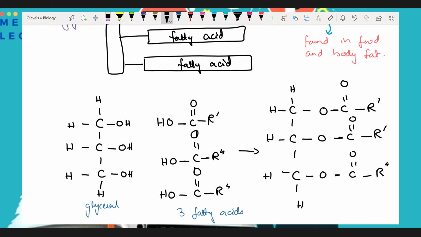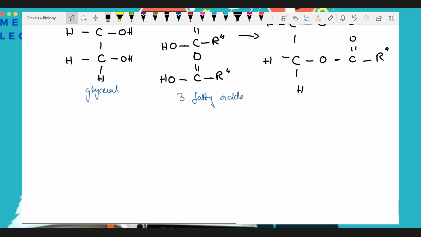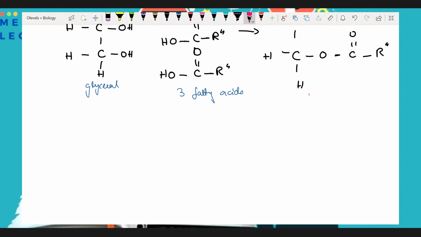This is how they are connected in a chain. Now, this is called a triglyceride, right?